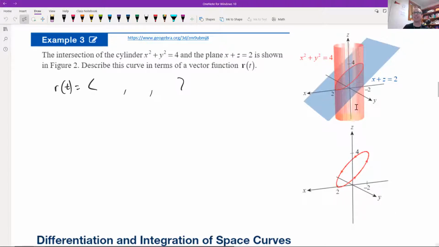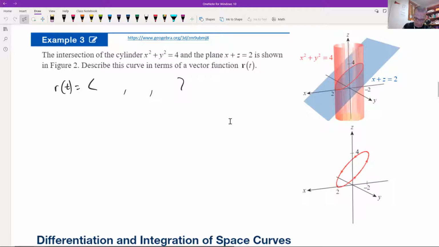Notice that in the XY direction, again, we've got this circular cylinder. So if we look down, we would have a perfect circle. And that is a hint that using sine and cosine is a really good way to parameterize that because we're making use of the fact that we have a circle.